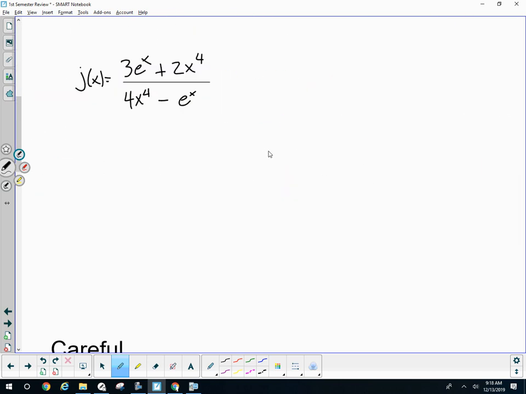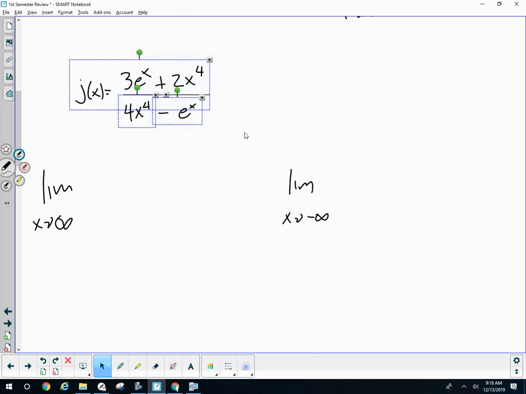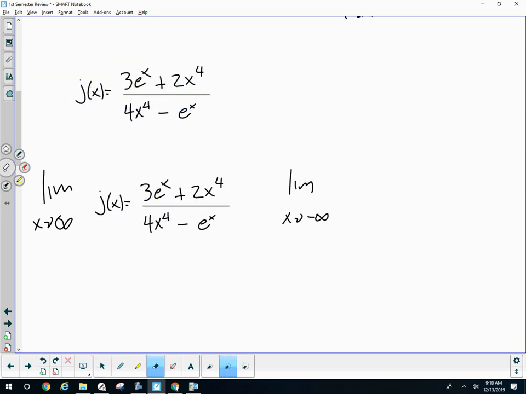Okay, let's look at this guy. Limit as x approaches positive infinity. Limit as x approaches negative infinity. We've already talked about how we could get 0 or plus or minus infinity. Let me just get rid of this guy.